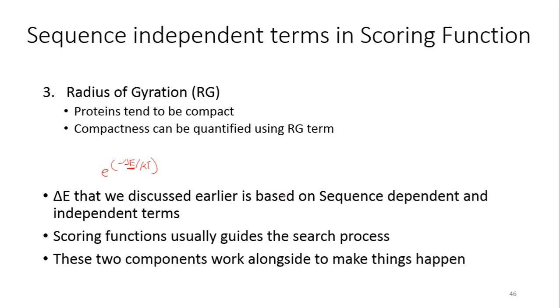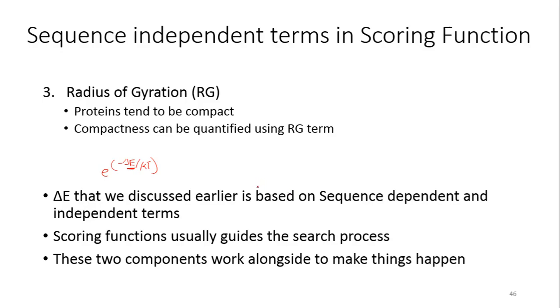So this is how these two components work together hand in hand. These two components, scoring and creating new poses, do not work independently of each other. It doesn't happen that the algorithm first creates all the decoys and then scores whatever decoys are produced. It doesn't work that way.